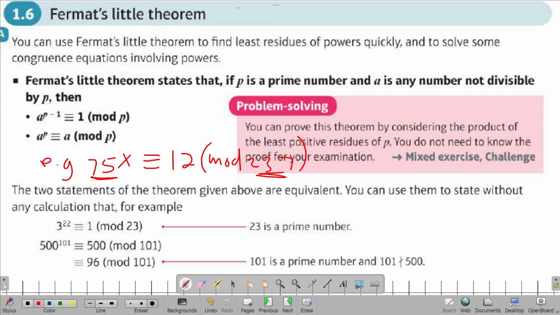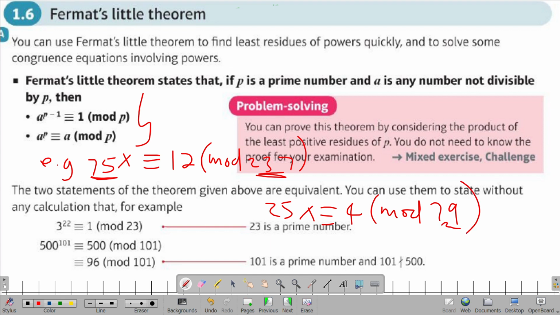So in order for us to have these conditions, we actually need to reduce this by dividing by a number that, in this case, I think if you divide everything by 3, we're going to be left with 25x is congruent to 4 in mod 79. I think it's safe for me to conclude that this is a prime number.